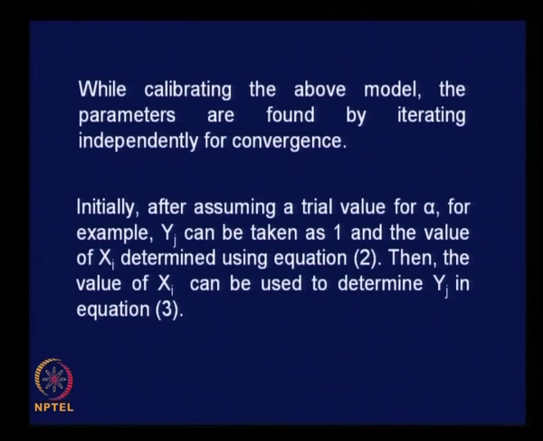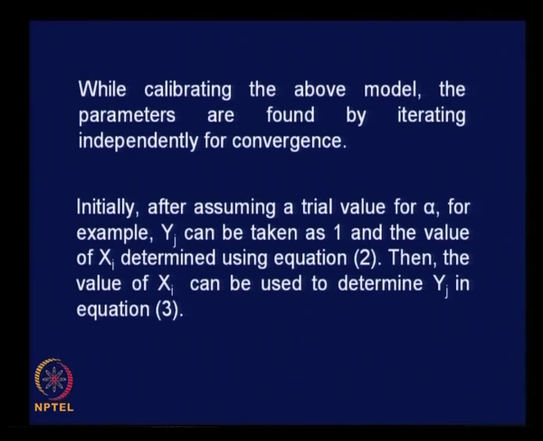Initially, we assume a trial value for alpha, the parameter to be estimated, in Dij raised to power alpha. You assume some trial value for alpha, that is one step.